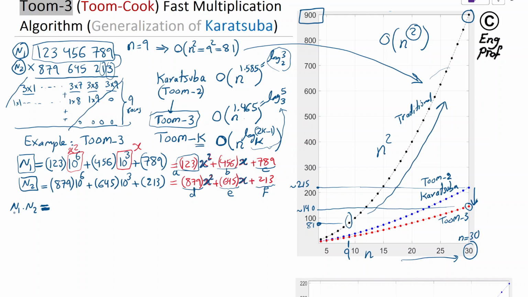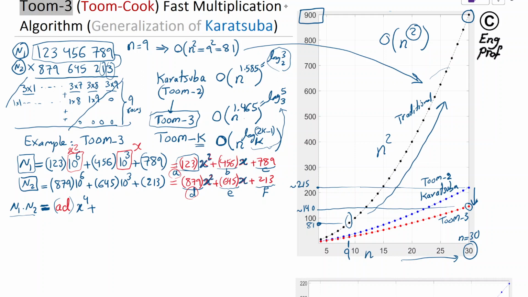So when I multiply n1 times n2, what I get is this situation. I get AD, so A times D, naturally times x to the power 4.